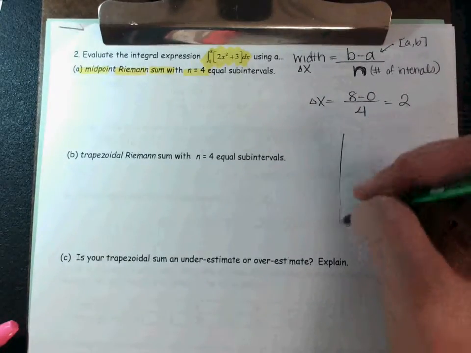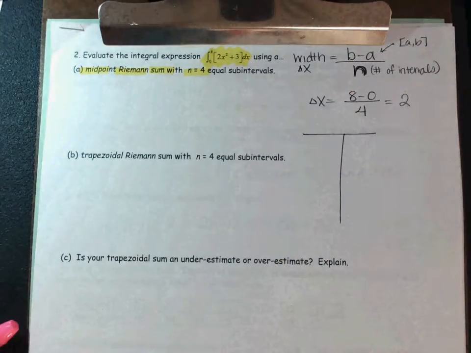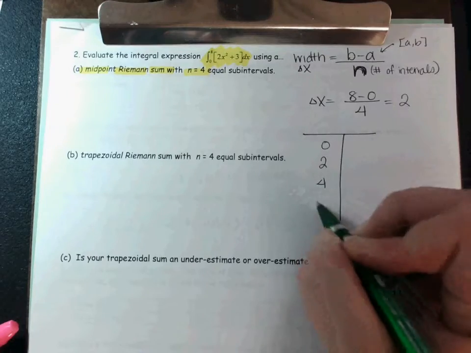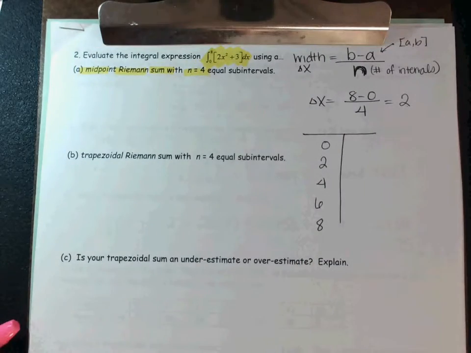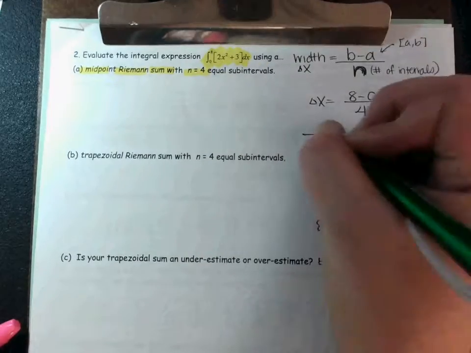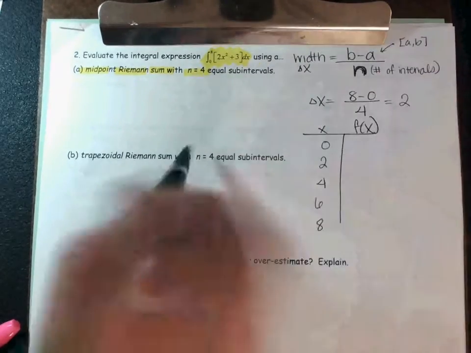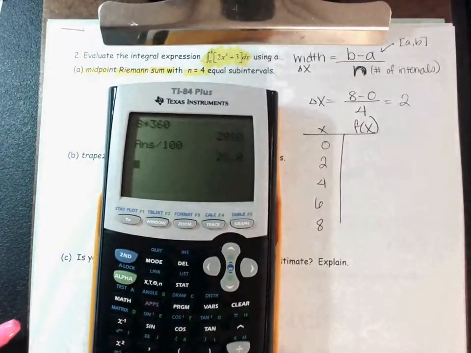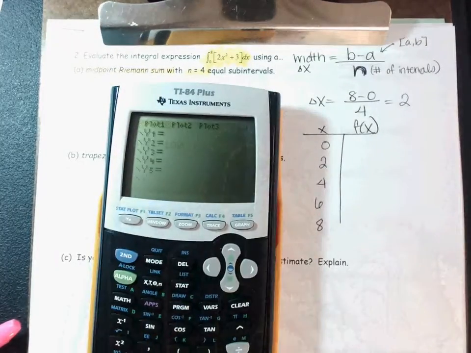So let's draw right here. I'm going to start at 0, and I'm going to go up by 2s. 2, 4, 6, 8. And then to make this really easy, you have options here. You could either plug in each of these one at a time, or you could be lazy and use your calculator, which is what I'm going to do. So go into y equals, type in your formula.